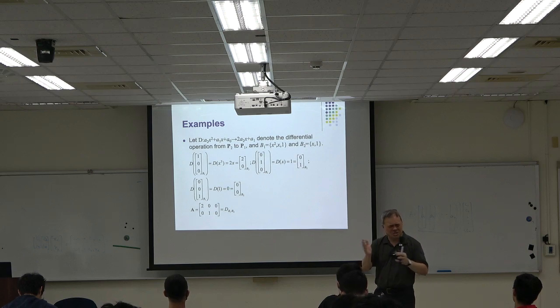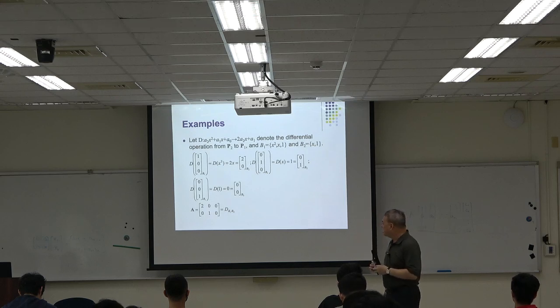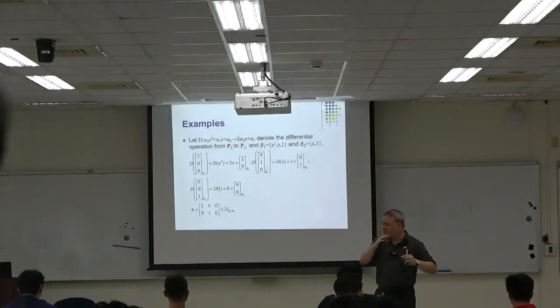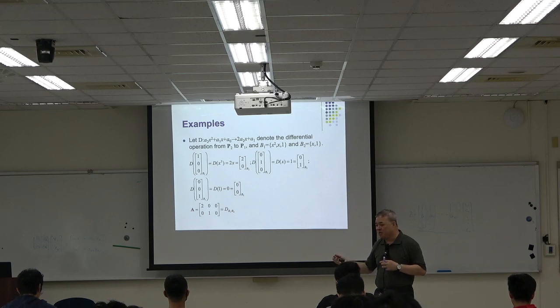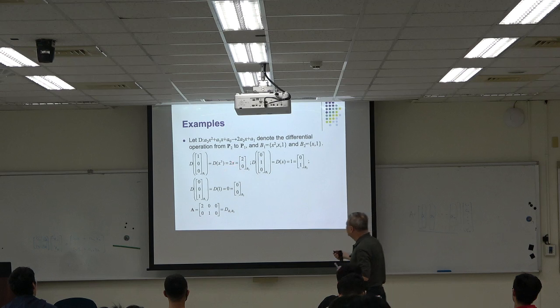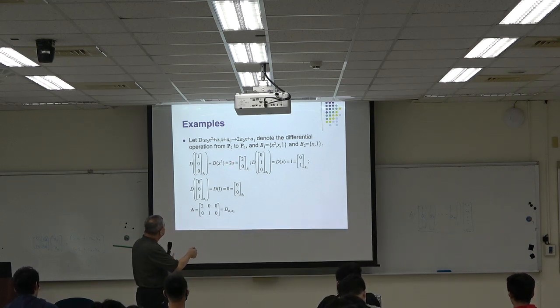Otherwise, if they are not finite dimensional, we have a problem, because the matrix has to be m times n, where m and n represent the dimensions of V and W. So V and W implicitly have to be finite dimensional. Here, take a look, because we confine our space from P2 to P1.